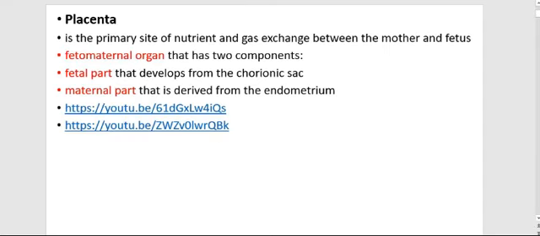So the placenta is a primary site of nutrient and gas exchange between the mother and the fetus. The embryo, now becoming a fetus in the fetal period, has grown.